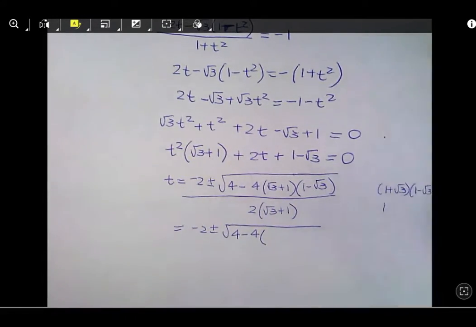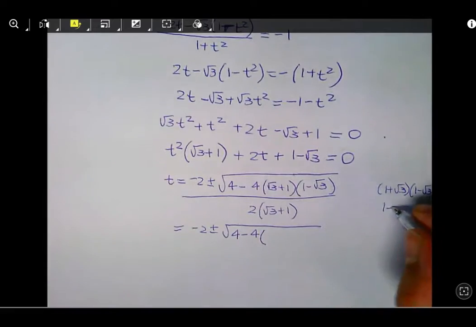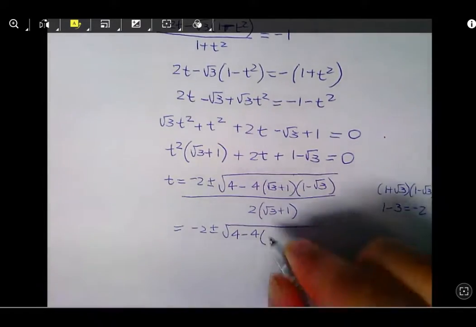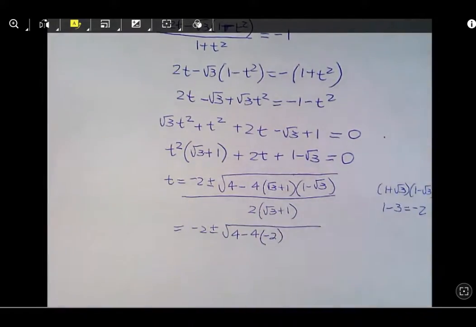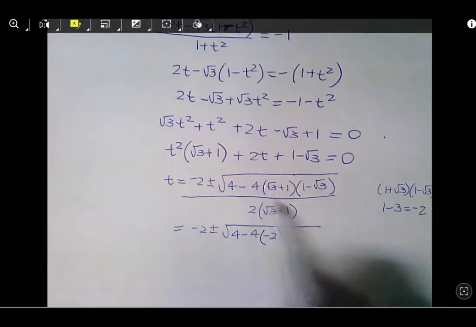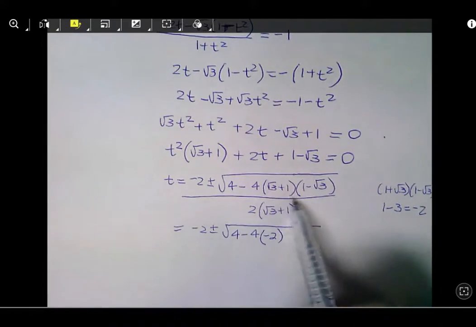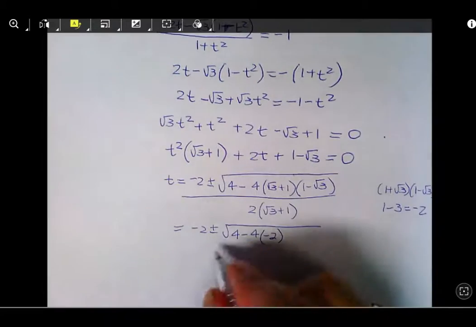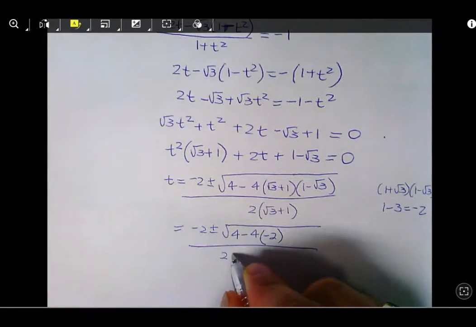That's a squared, which is 1 squared, which is 1, minus b squared, which is root 3 squared, is 3. So 1 minus 3 is -2, so that becomes -2 there. You end up with -2 over 2 bracket root 3 plus 1.